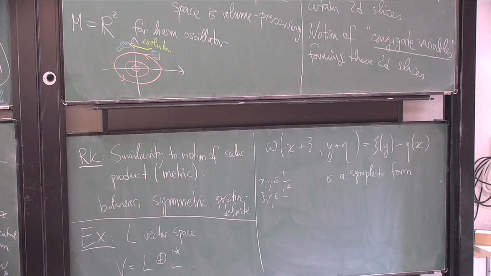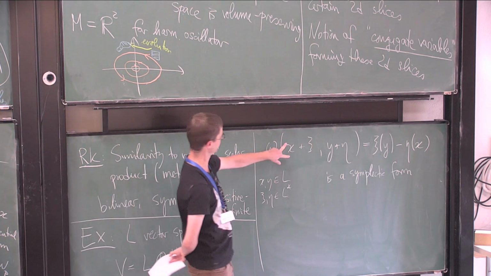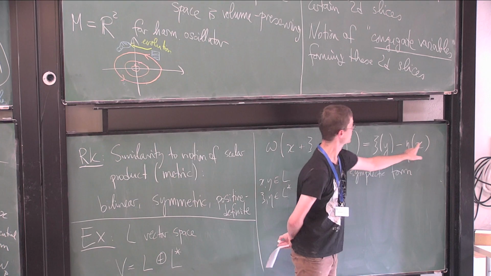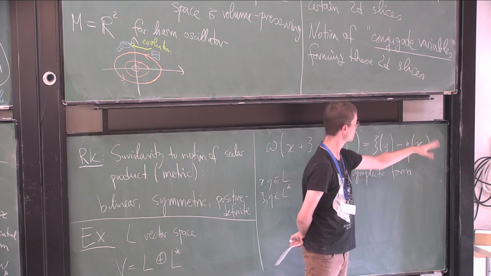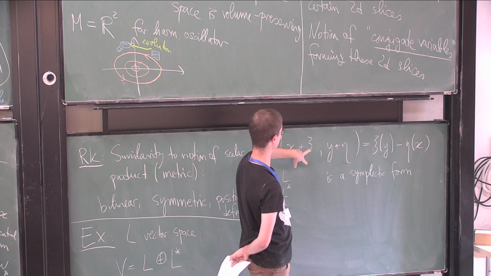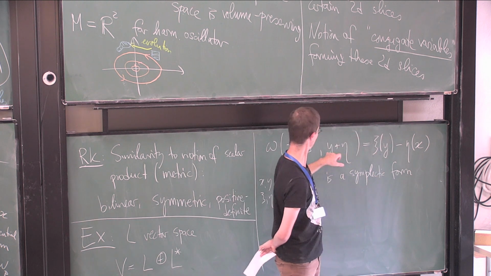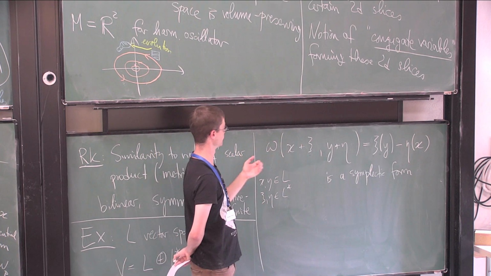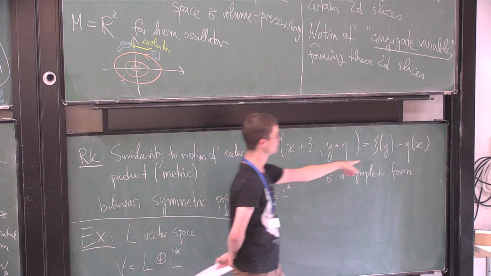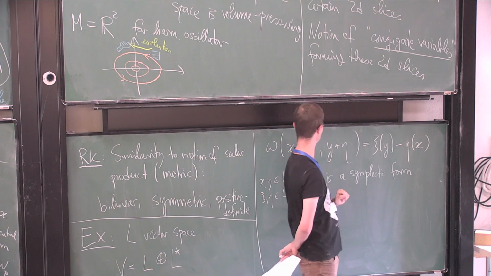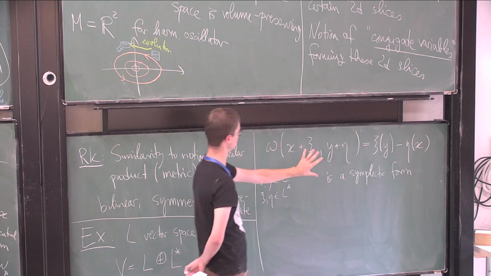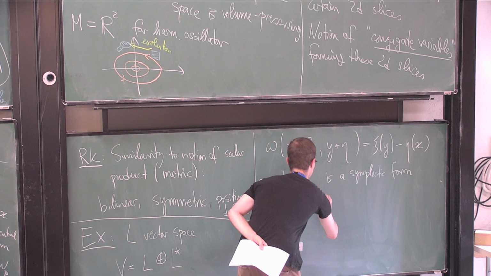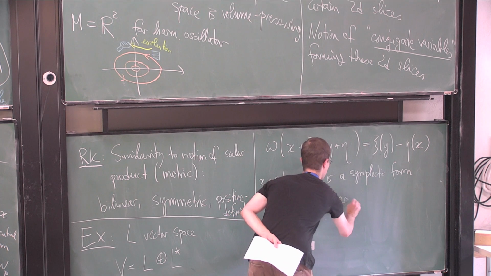If I have x1 plus x2 here, linear functionals are linear, so it splits up. If I have psi1 plus psi2, again it splits up. Same for y and eta. If I take a scalar, 2x for example, the 2 will factor out, 2 psi as well. The formula is bilinear. Check.